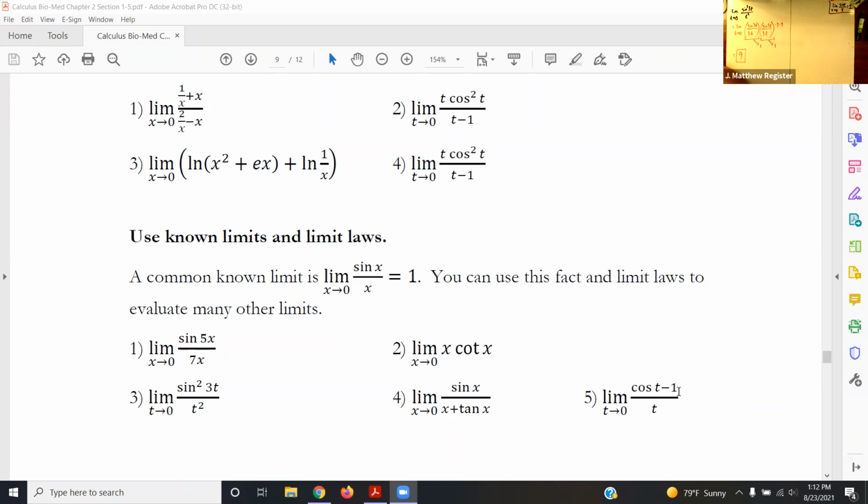And looking at this one, I think if you multiply by the conjugate, and so you multiply everything by cosine of t plus 1, then you can use your Pythagorean identity to convert it into a sine squared. And so these are techniques which we have from prior courses. We just have to be able to apply them in these situations.